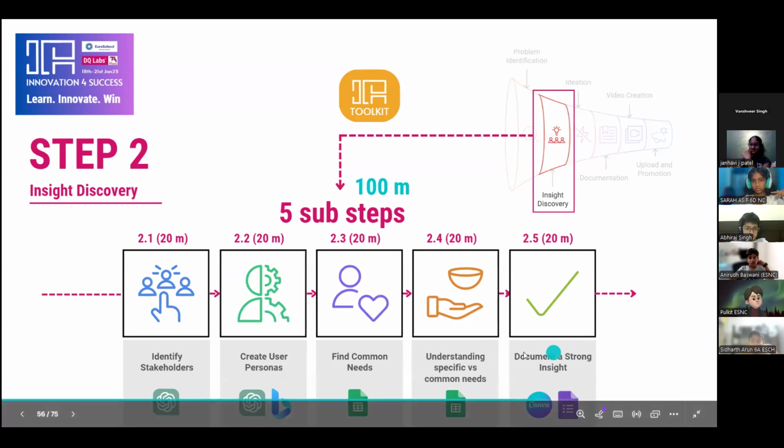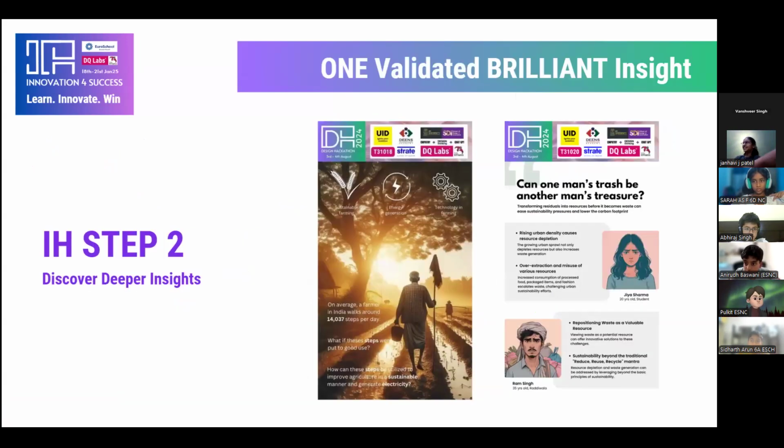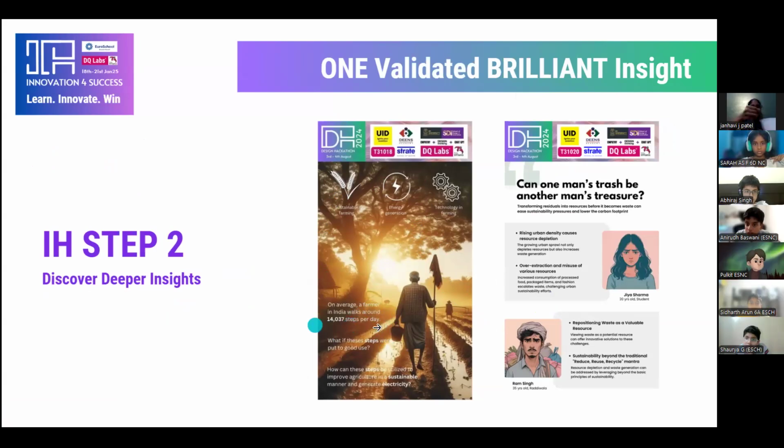The last step, so once you find the common needs, you'll have to shortlist those to understand which needs you can actually resolve. And the last step would be to document it. And here we have to find a strong insight which will help us to solve this problem. So, for example, here in the first example, the insight was that farmers in India walk around 14,000 steps per day.